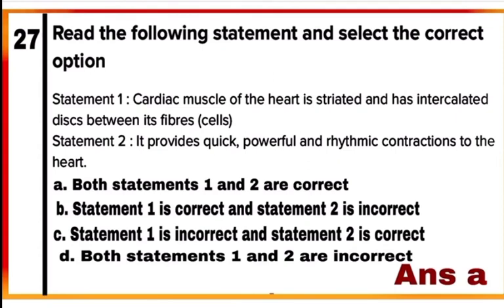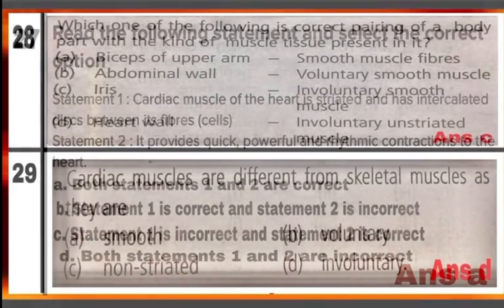The cardiac muscle tissue is a contractile tissue present only in heart and are striated muscles with intercalated disc, or you can say communication junctions. These junctions allow the cells to contract as a unit. These cardiac muscles provide quick, powerful and rhythmic contraction to the heart also. So here both statements are true. So mark A as a correct answer.